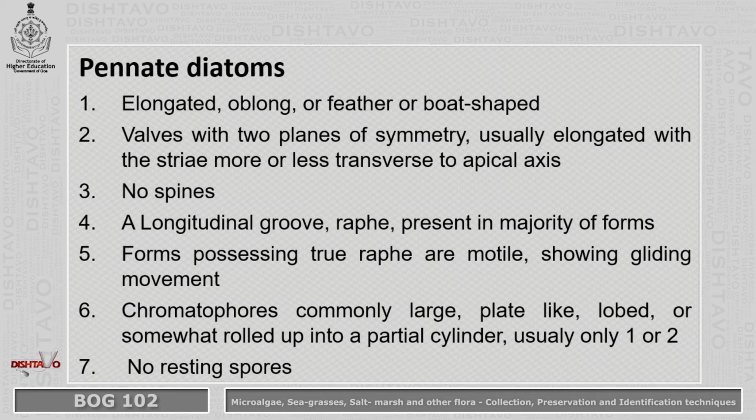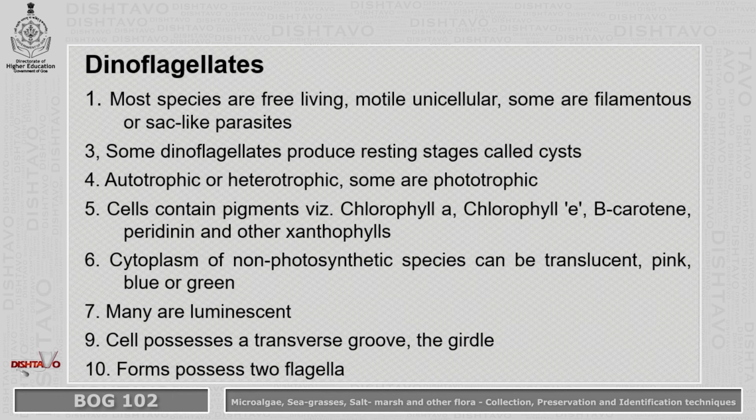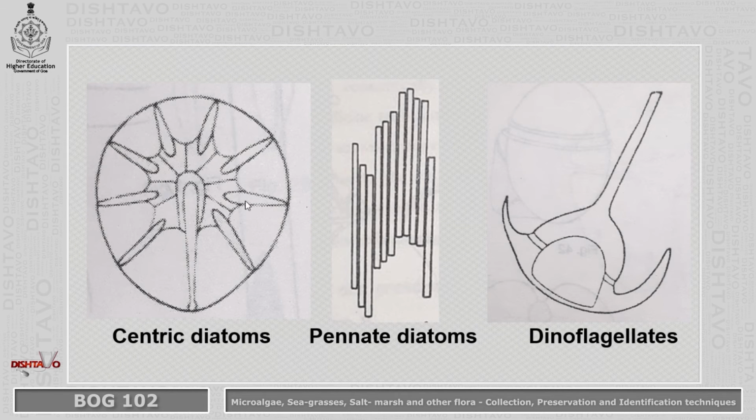Pennate diatoms are elongated, oblong, feather or boat-shaped structures. They have two walls in two planes which are symmetrical, usually elongated with a striate or more or less striate apical axis. So here is a centric diatom. You can see a pennate diatom, and another group is dinoflagellates.